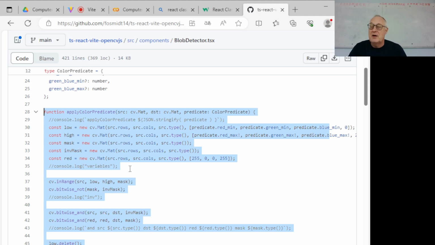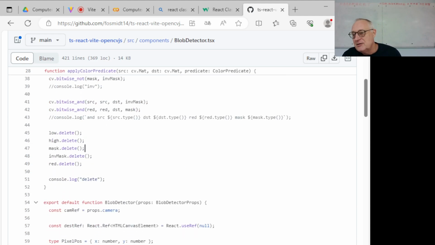There's a bunch of parameters, like a source image and a destination image, and then there's a color predicate, and it basically is the code that paints the pixels that match the color red, right? So that's what you see in the actual output. So that would be a reasonable function.